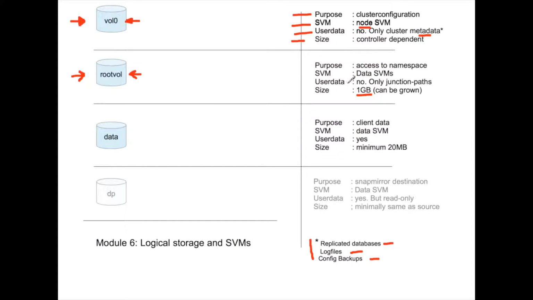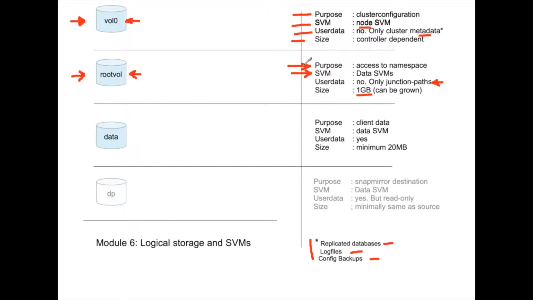It only contains junction paths. So there's no user data in the root volume of a storage virtual machine. And the root volume is a volume of an SVM, and that is always a data SVM. So it's not part of the node SVM, it's part of a data SVM. And the purpose is to give access to the namespace for NAS clients.